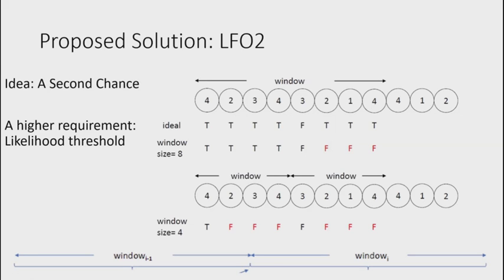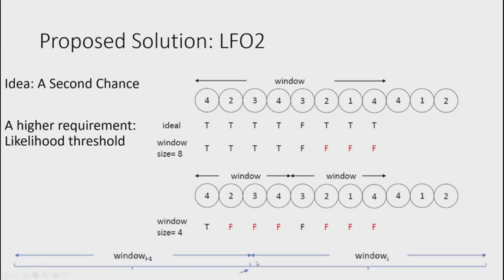So, in that case, we're giving a second chance to an object requested for the very last time during a window. Since it is a second chance, it is reasonable to set the bar higher. Unless it is really likely that the object is going to be accessed again, we would not grant this second chance. So we call the new bar the likelihood threshold.